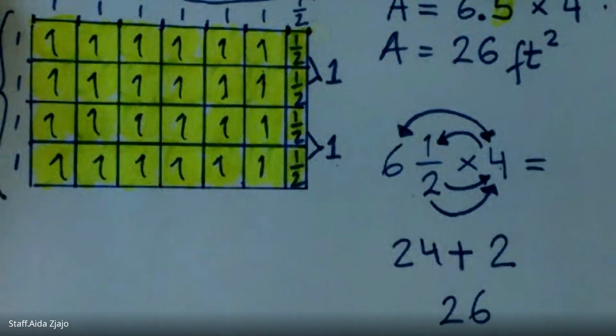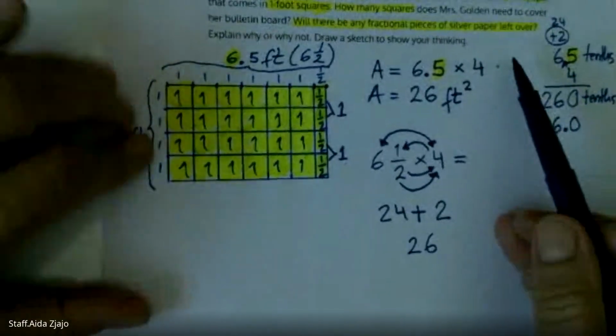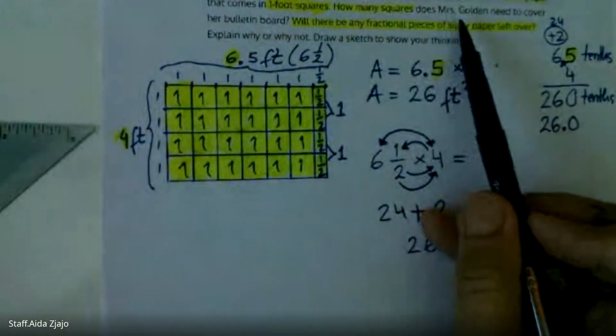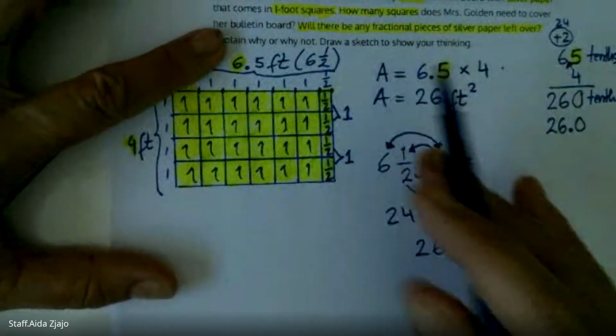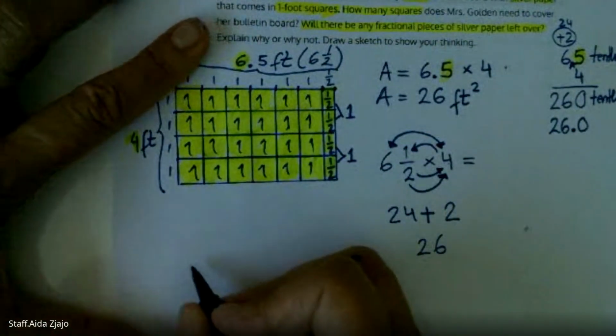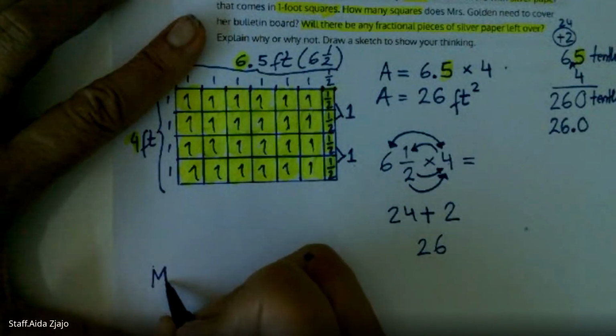Okay, now we needed to make this answer. So how many squares Miss Golden needs to cover her bulletin board. Need a right answer.